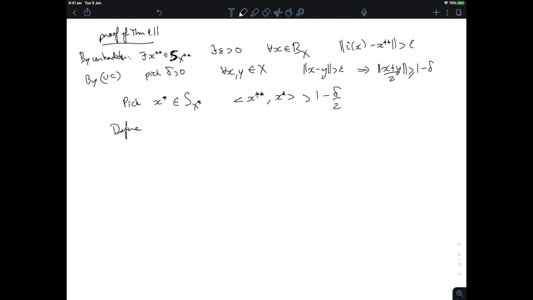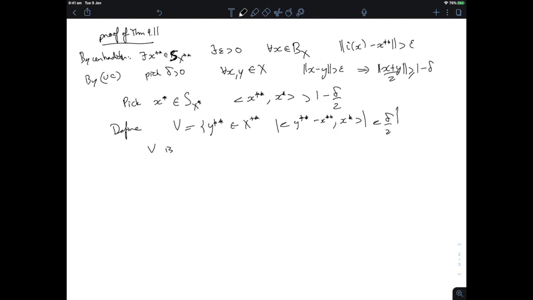Now, I want to define a neighborhood in X double star. So I'm going to pick V to be the set of y double star in X double star that are close enough to x double star when tested against just that element x star. Right, so such that this is smaller than delta over 2.